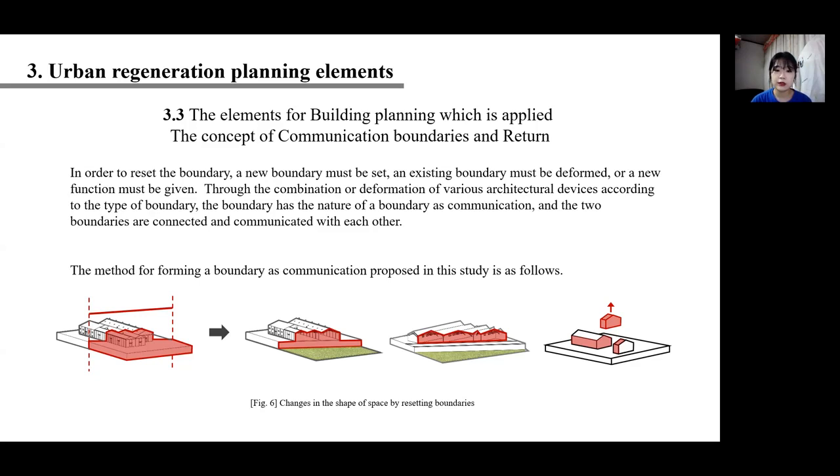The boundary has the nature of boundary as communication, and the two boundaries are connected and communicate with each other. The method for forming a boundary as communication proposed in this study is as follows.